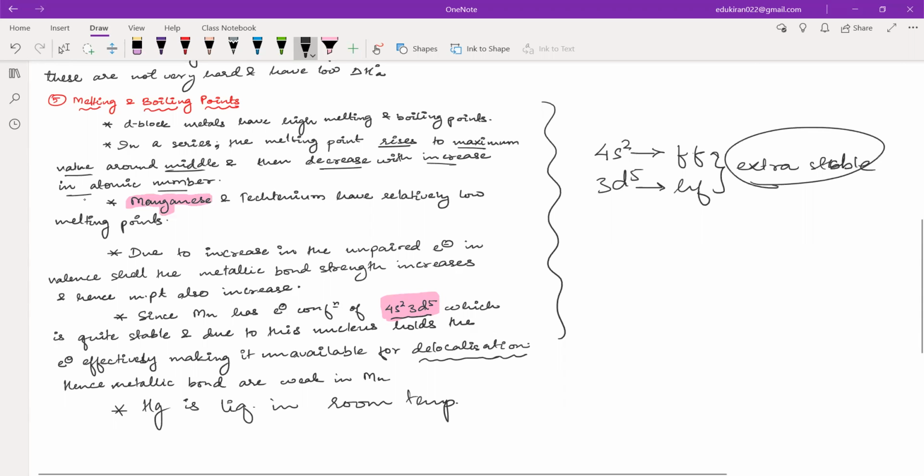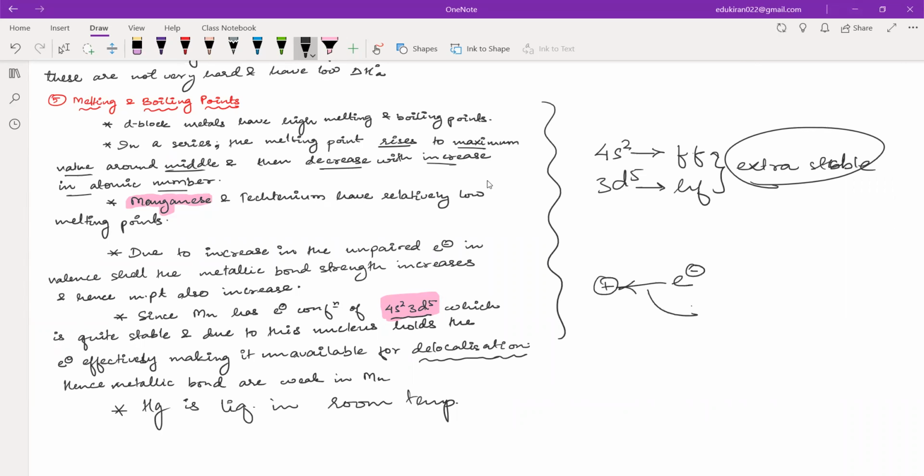There are two kinds of stability. One is, if I heat something, will it break down, yes or no? That is one type of stability, in terms of thermodynamics. The next type of stability is about these electrons. If these electrons are effectively pulled by the nucleus, there is more attraction between the electron and proton.